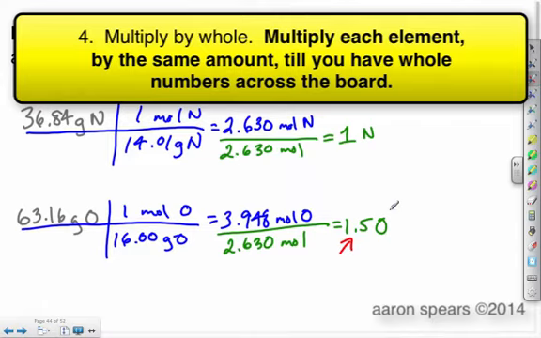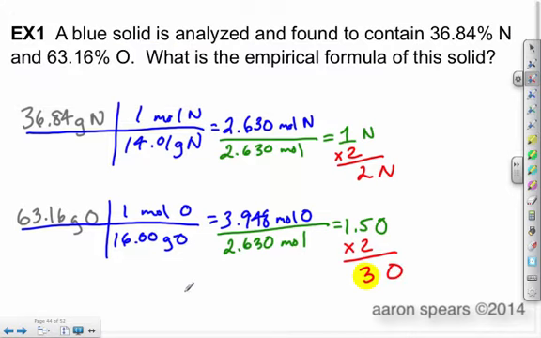So we're going to multiply till whole. If I multiply by 1, I'm simply going to get the same number. So if I multiply by 2, I get 2 nitrogens. And when I multiply the number of oxygens by 2, I get 3 oxygens. The number of oxygen atoms is now whole, and all I have left to do is simply write out the formula. So the empirical formula of the compound in this example is N2O3.